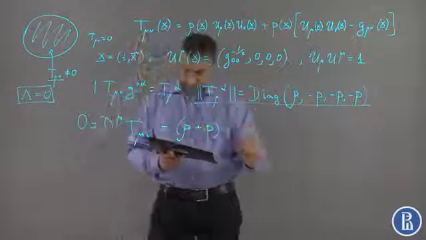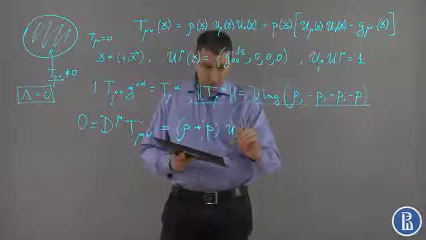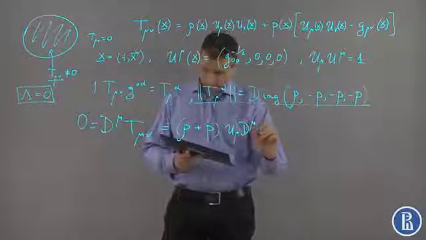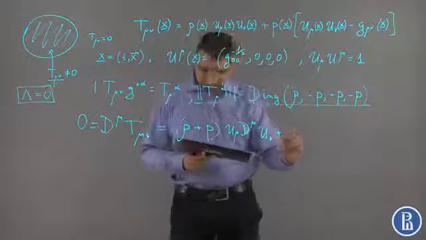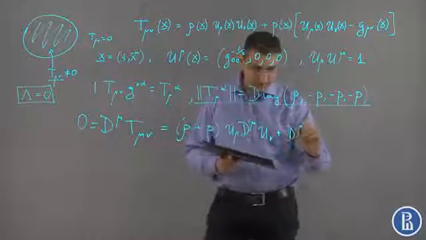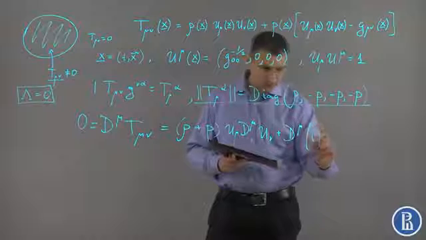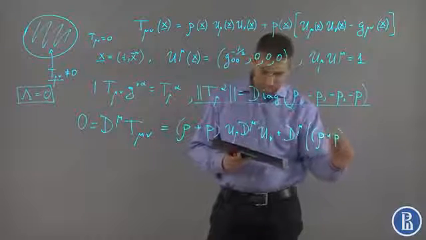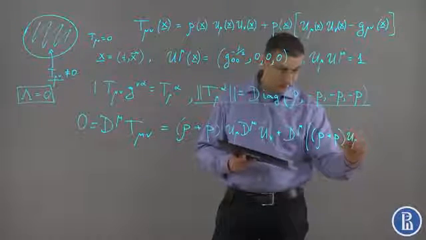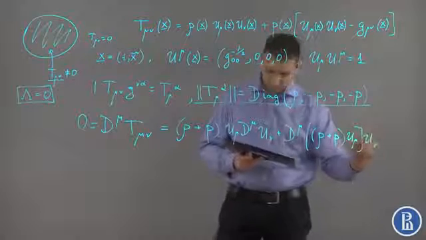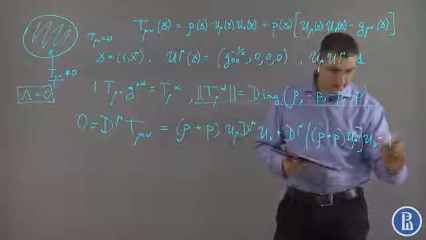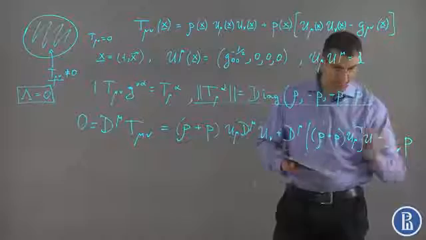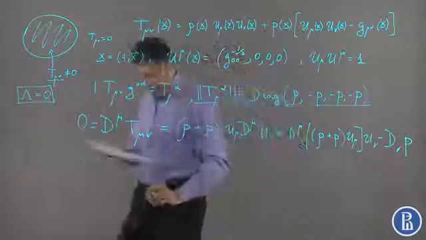It's u mu d mu u nu plus d mu of rho plus p u mu u nu minus d nu p. So this is the conservation condition.